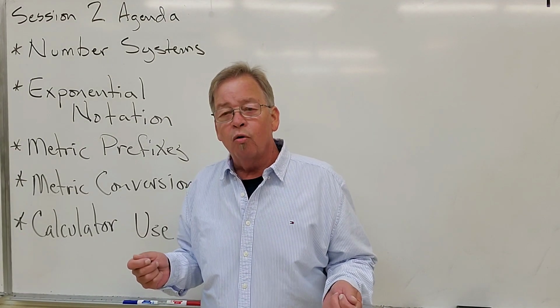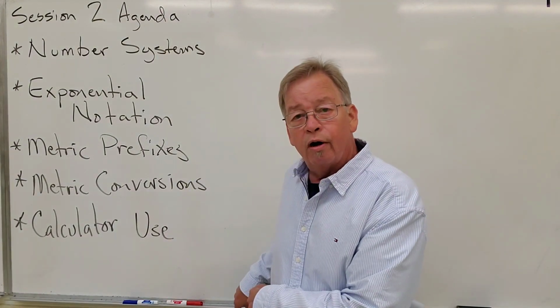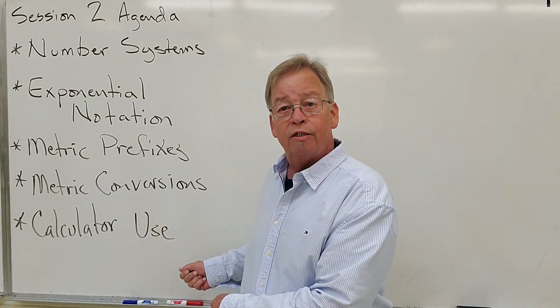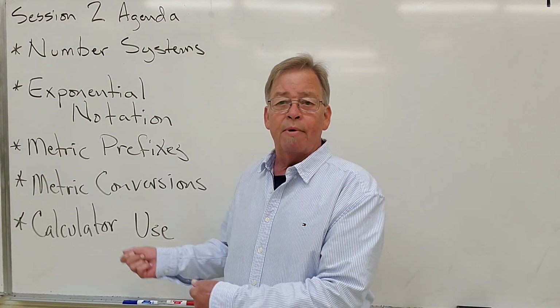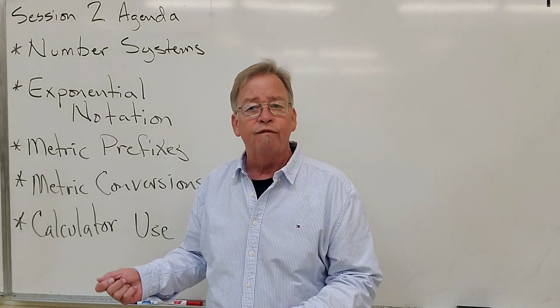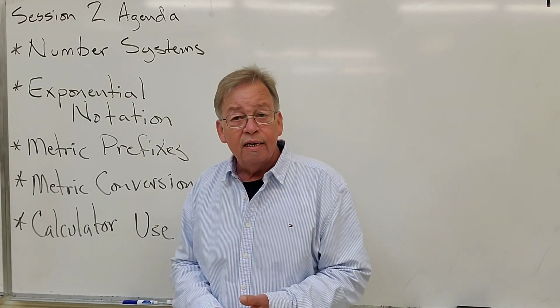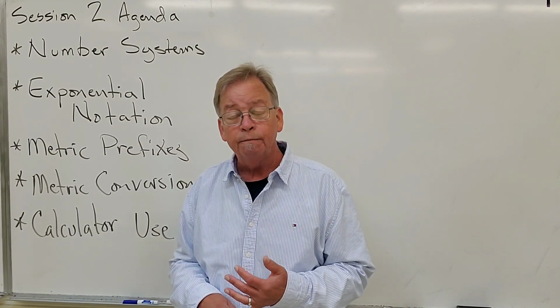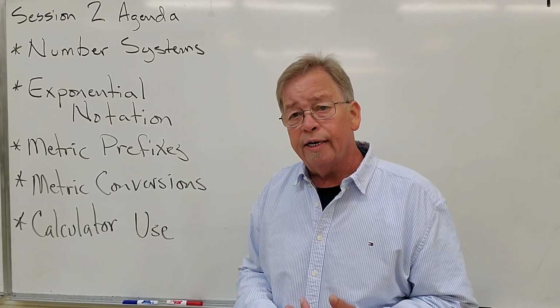If you don't know there's supposed to be 120 volts at a receptacle, and I measure 82, I might say, yeah, that's fine, I got voltage there. But the fact is that it's not fine. It's supposed to be 120 and it's reading 82.